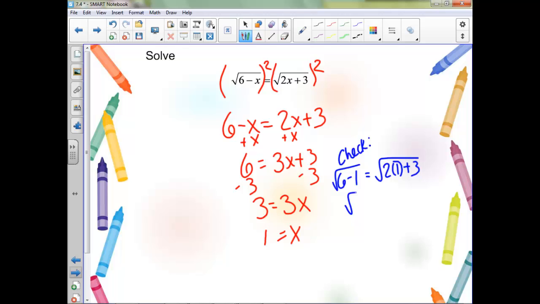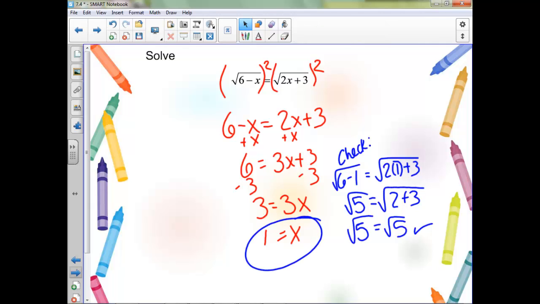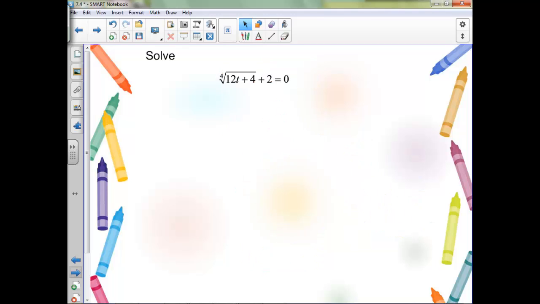Six minus 1, so I'll have root 5. 2 times 1 is 2. So root 5 equals root 5. We are good.